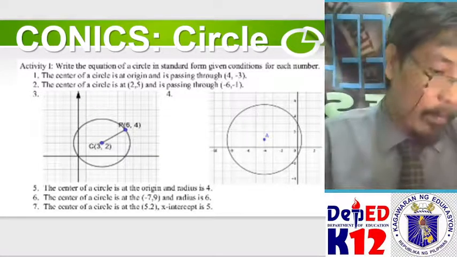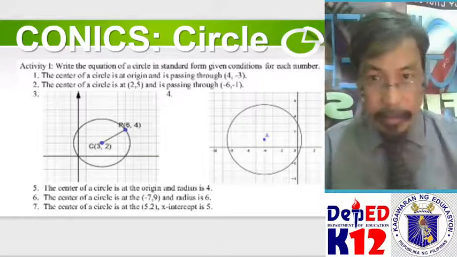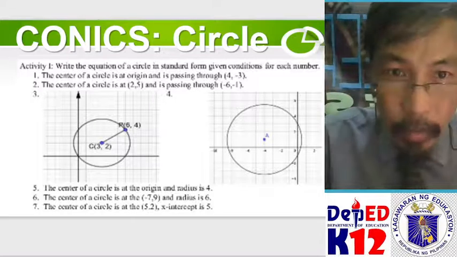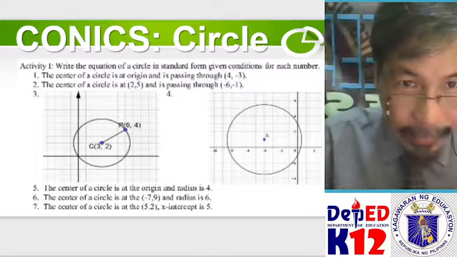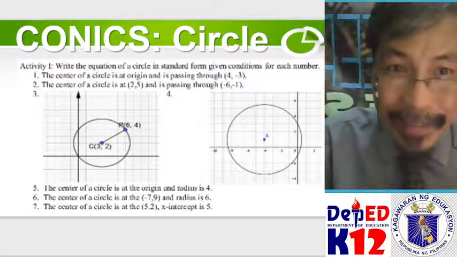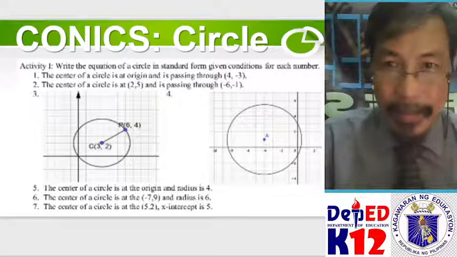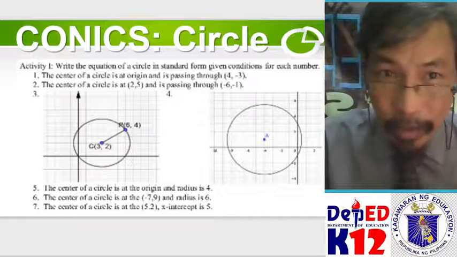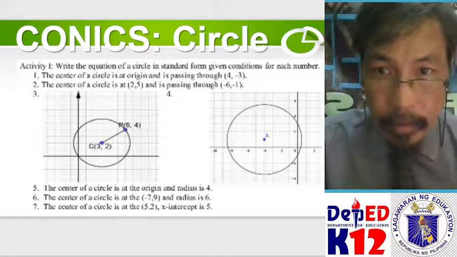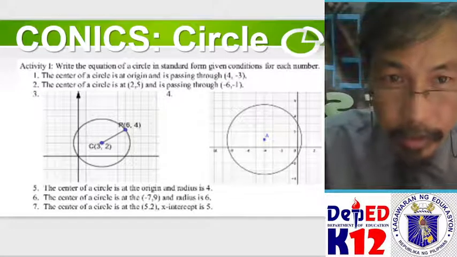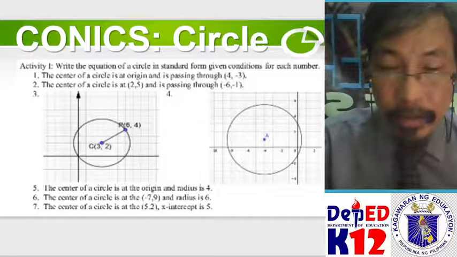In problem number 4, we used a point lying at the intersection of an axis, the point 0, 3.